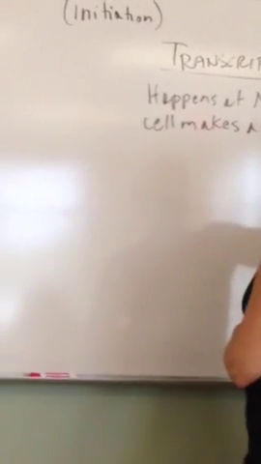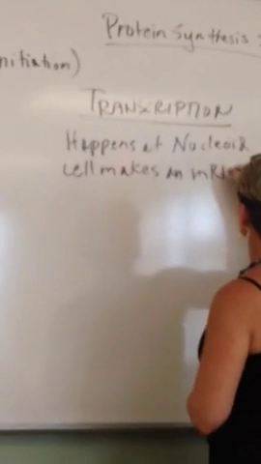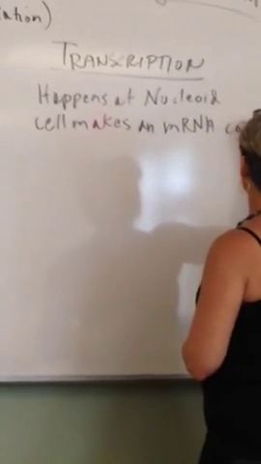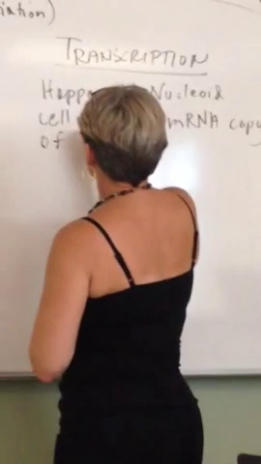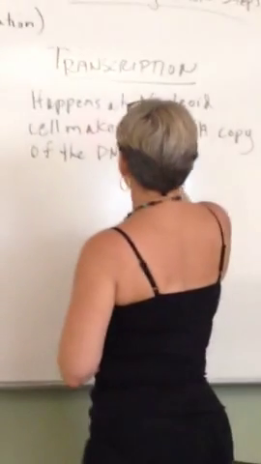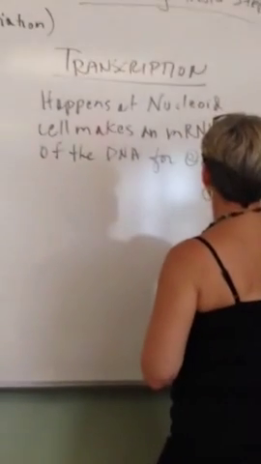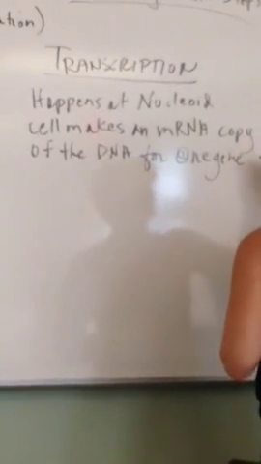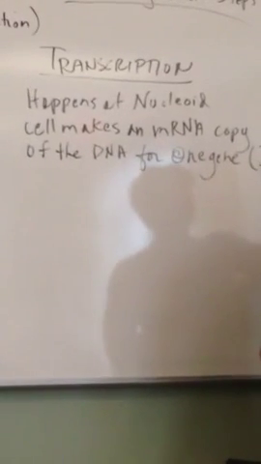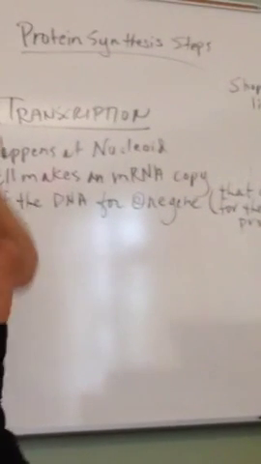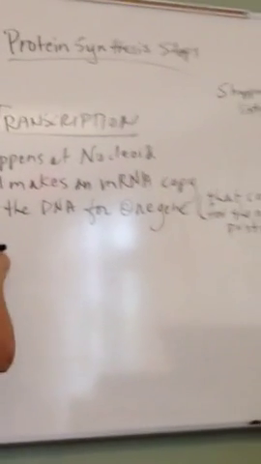Cell makes a copy, an mRNA copy, of the DNA for one gene, the gene that codes for the needed protein. Second step, translation.